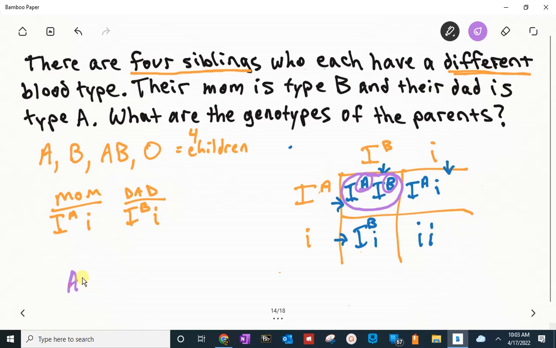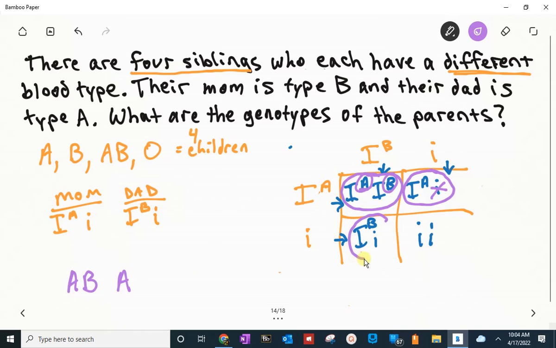And then over here, we have a dominant A and a recessive O. The dominant A is going to cancel that little i out, so you're just going to end up with blood type A.